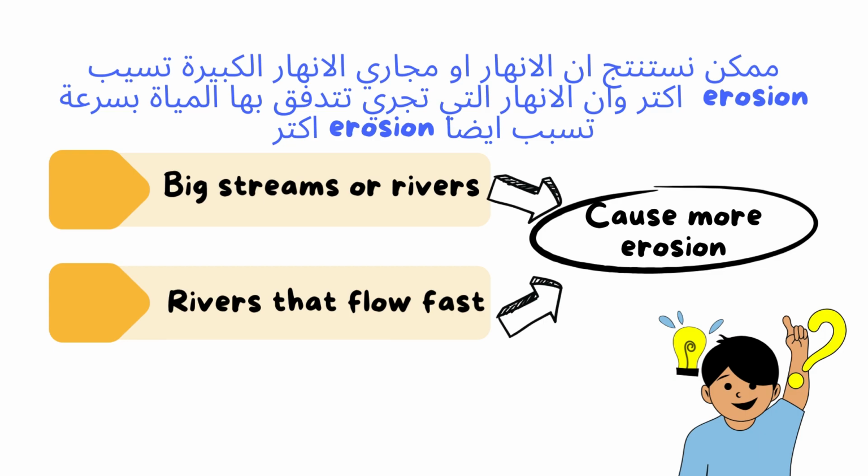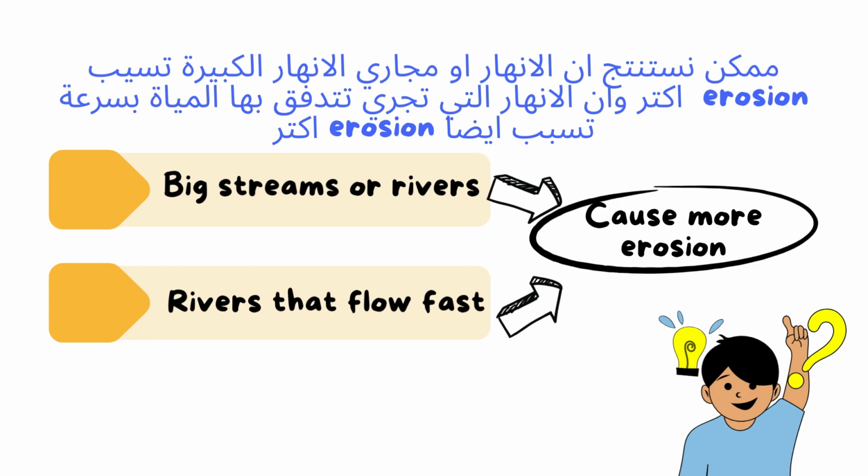The size of the stream or river, as big streams or rivers cause more erosion, and rivers that flow fast, as the speed of the water in this river is fast, so this causes more erosion.